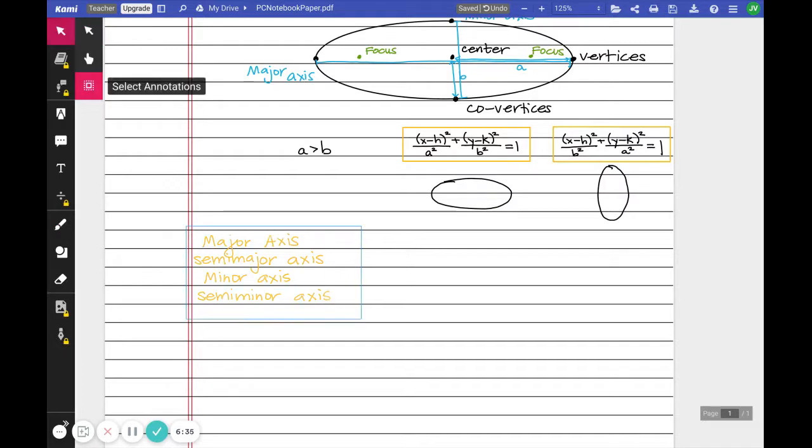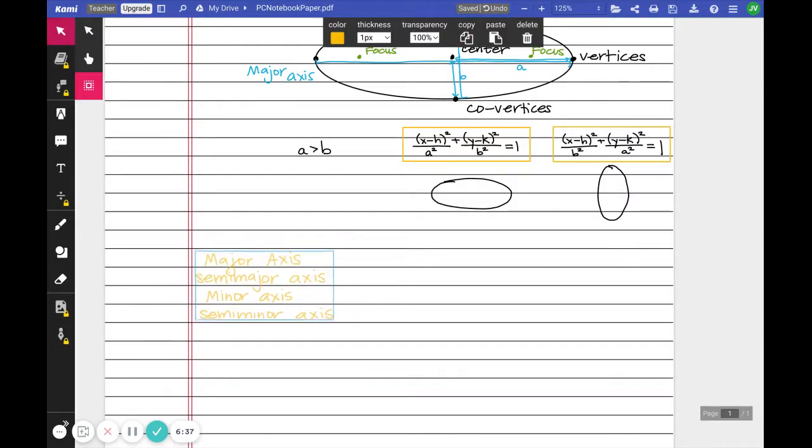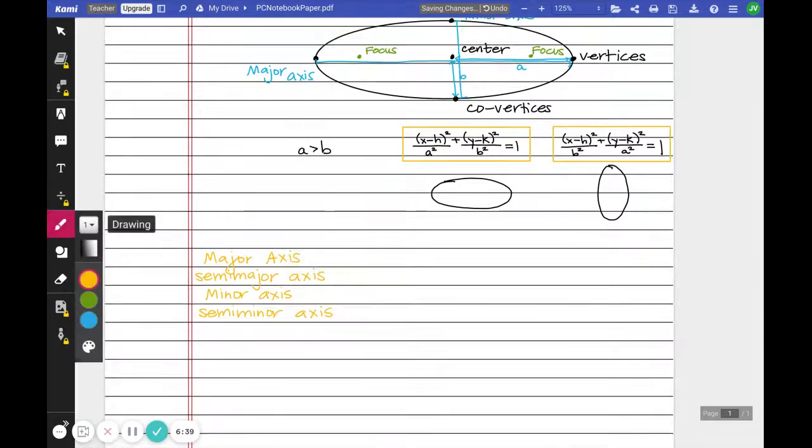I forgot that I want to open talking just about the center real quick, so I'm going to sneak center in there. Sweet. Want to talk about vertices. They are important. And I want to talk about covertices. And then we'll pause, and then we'll talk about those foci that were so important in our original definition.